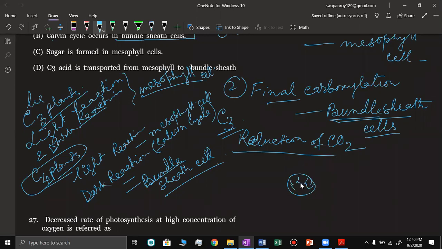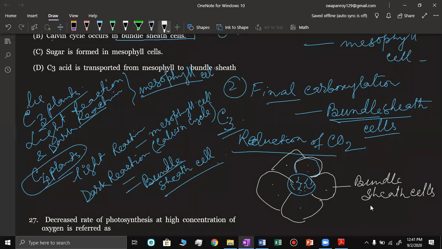So the veins are there, and around the vein there are sheath cells.